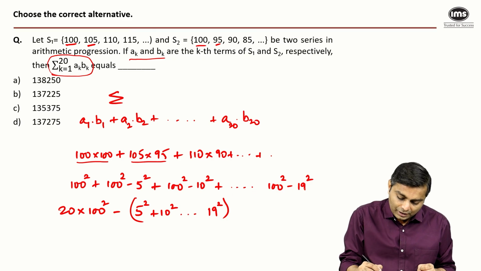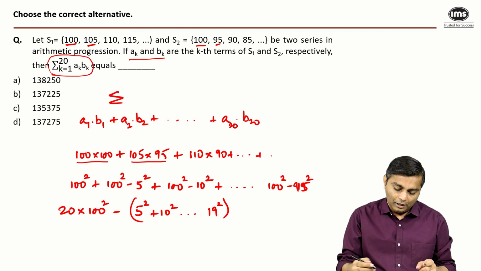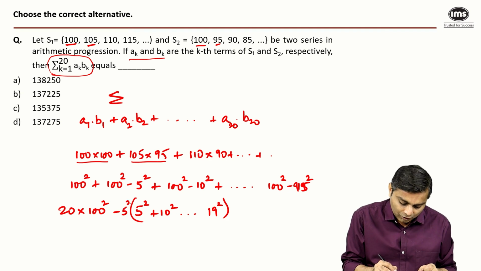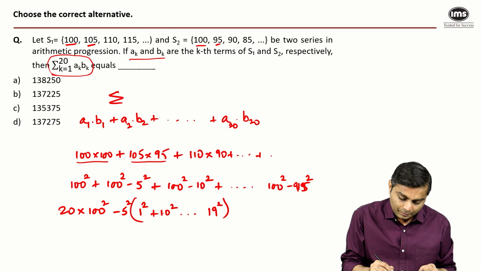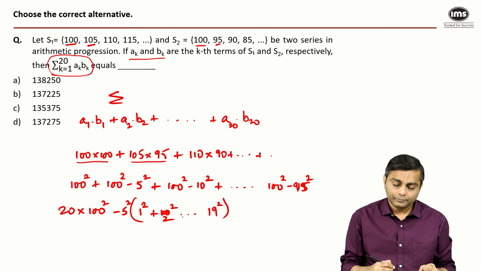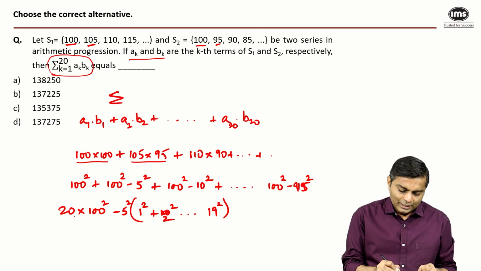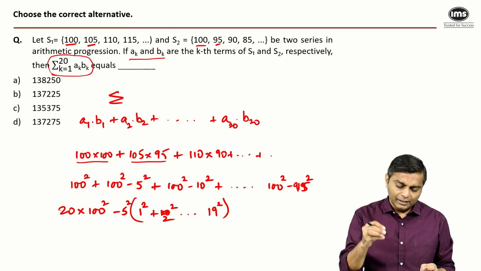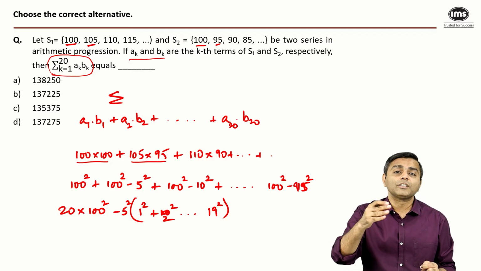Sorry, this has to be not 19 actually, but 95. When we take 5 squared common, this becomes 1 squared, this becomes 2 squared, and so on till 19 squared. So we have 20 into 100 squared minus 5 squared into the sum of 1 squared to 19 squared.